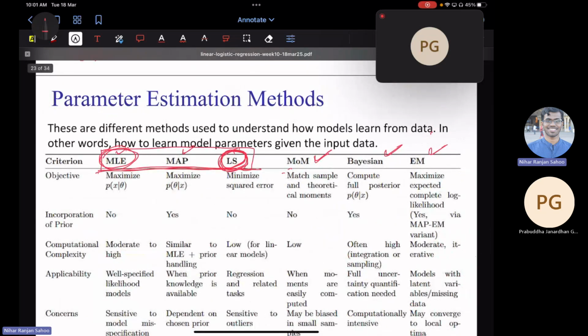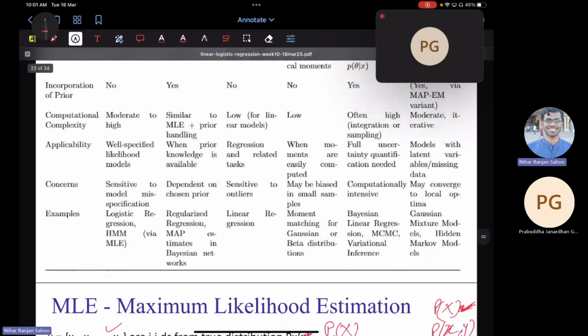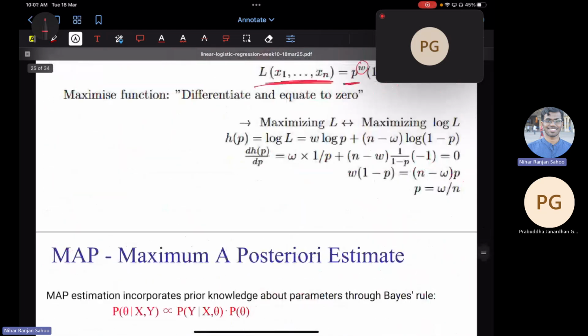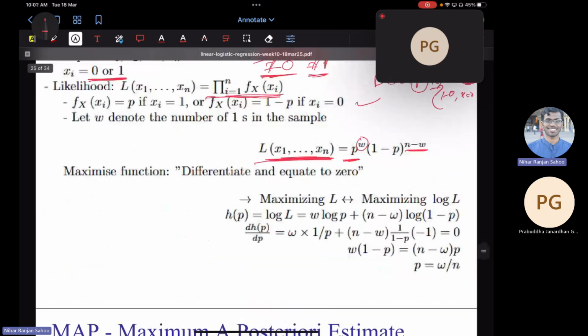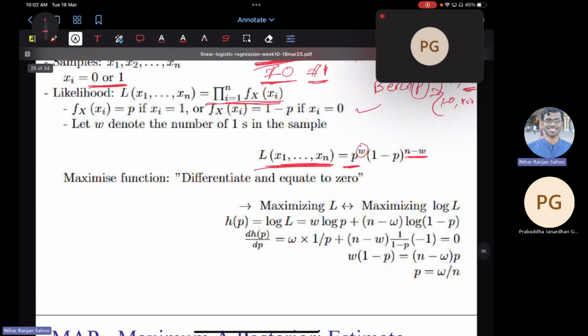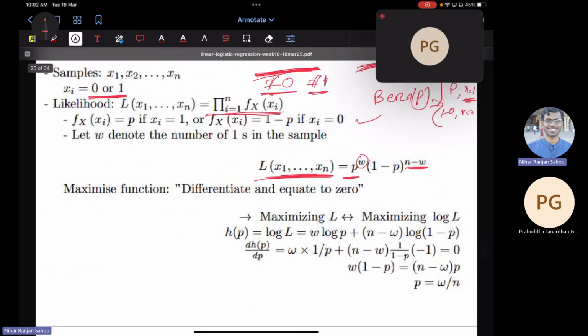MLE is a frequentist approach, and how it is different from MAP we'll discuss next. I'll also compare LS in the end, how it is different from least squares, right? So MLE always relies on this frequentist approach. You have to compute on average how many times the particular distribution occurred.